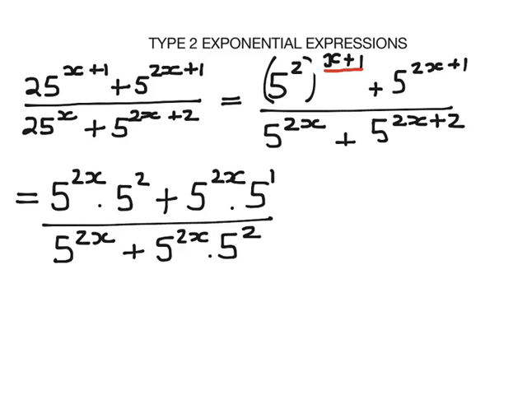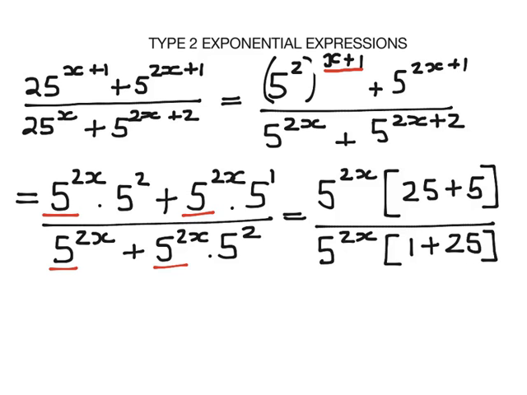Having broken each expression up and multiplied out, we now see that in each case a common factor is contained in each term. We then take each common factor out and we are left with 5 to the 2x square brackets 25 plus 5 divided by 5 to the 2x square brackets 1 plus 25.